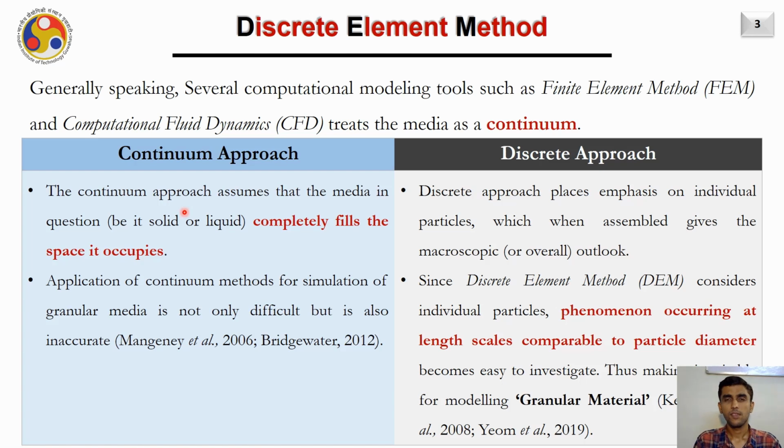In other words, in discrete element method, the overall picture or the macroscopic behavior of any system results from the microscopic interaction amongst the constituent powder particles. Thus, the continuum approach falls down in the case of granular media. So, discrete element method tries to resolve the interaction amongst the constituent particles. This type of model is sometimes also referred to as a Lagrangian model.